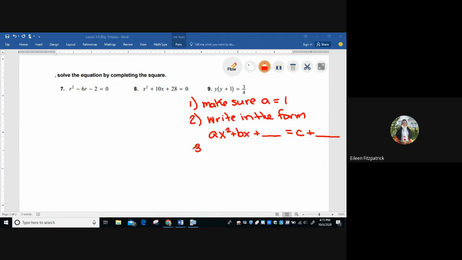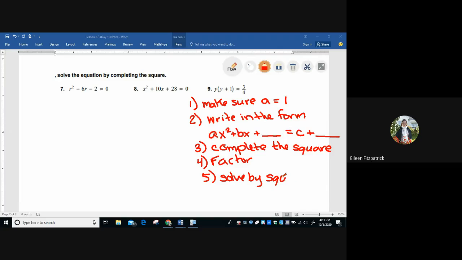Then after we do that, we're going to complete the square. So that's the step we just did above. C equals b divided by 2 squared. All right, then we are going to factor. And finally, we're going to solve by square root. So we start by using the complete the square method, but then we actually finish by solving by square root.